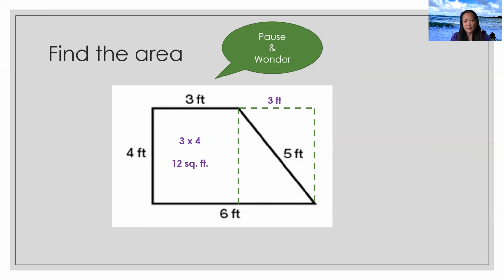And that green rectangle is a 3 by 4 as well, so the area of the whole green rectangle is 12. So the triangle is half of it, which would be 6 square feet. That means my total area is 18. All right. That's how you count areas, how many squares there are inside.